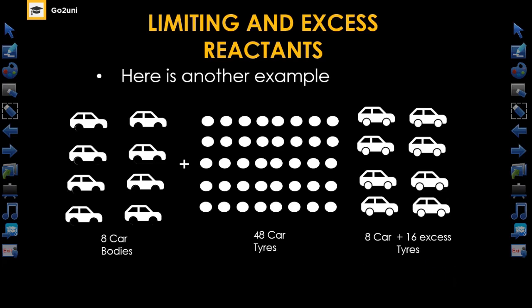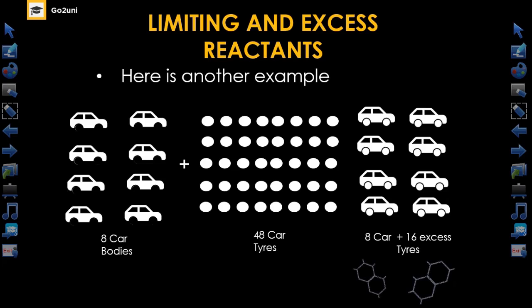Looking at this pictorial illustration, which of these reagents do you think, students, is the limiting reagent? Of course, I can hear you say 8 car bodies. So the 8 car bodies here is the limiting reagent, and the 48 car tires is the excess reagent.